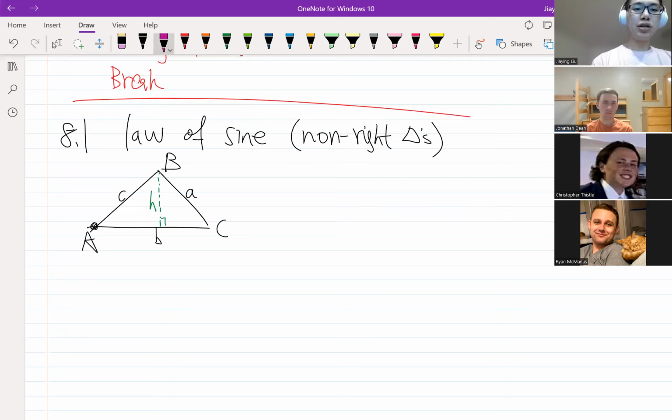And if I only look at the triangle on the left, that's the right triangle, with the h being one side and the c being the hypotenuse. So in this right triangle, sine of angle A is equal to height over side c, the hypotenuse. Therefore, we can write that the height is equal to c times sine A.